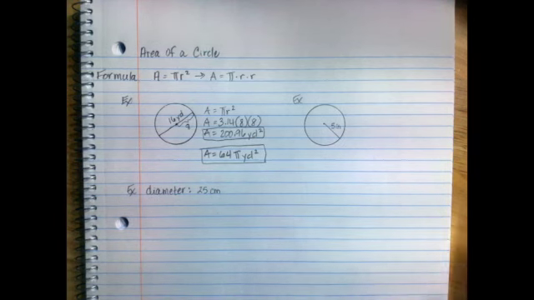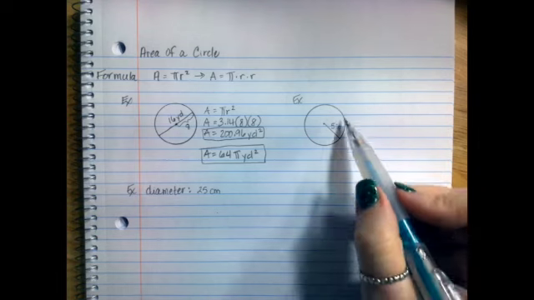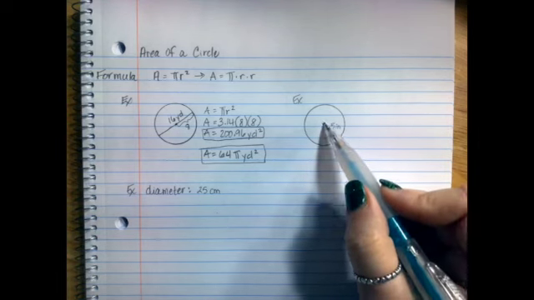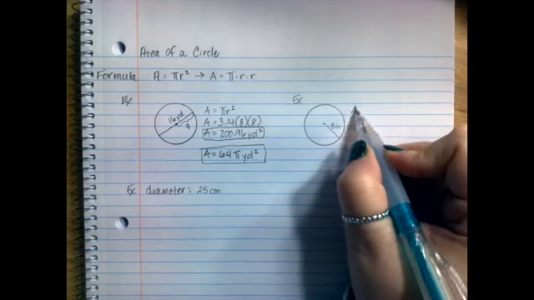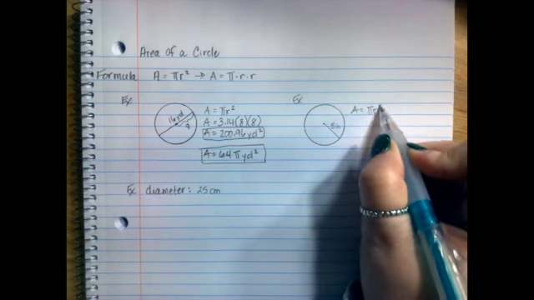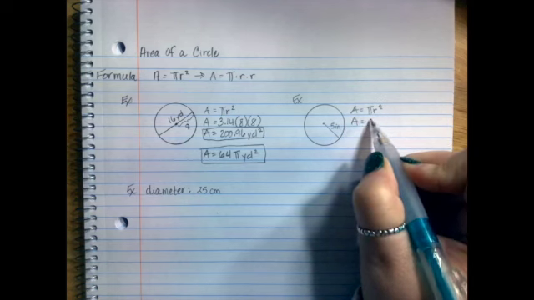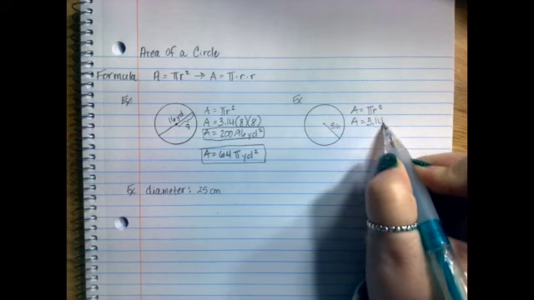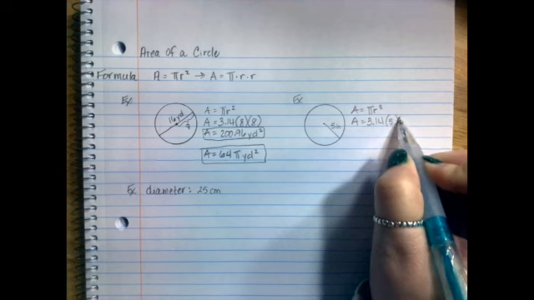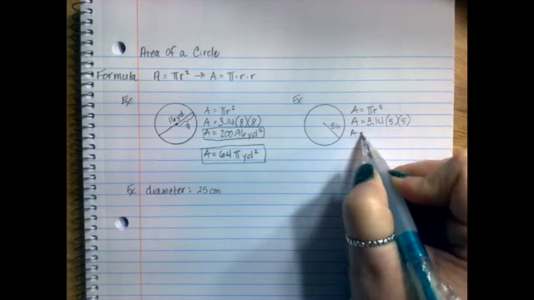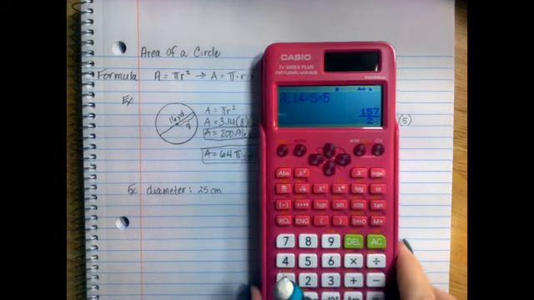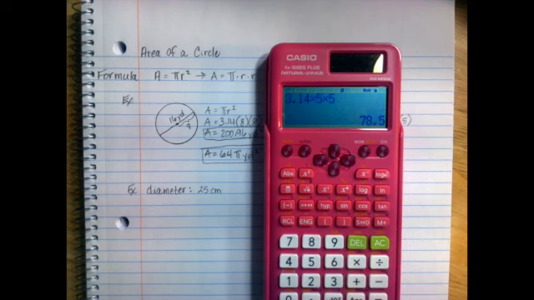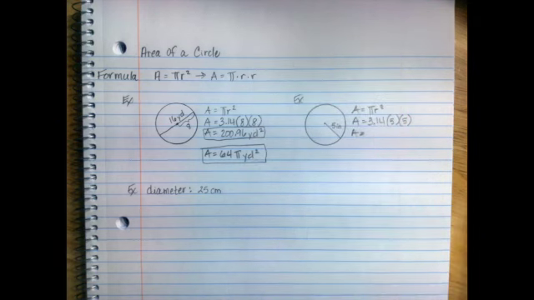All right, moving on to another example. We have a circle that's been given to us that has a radius of 5. So I don't have to find the radius, it's given to me. So again, start with your formula, pi r squared. So we're going to transform that to 3.14, do 5 times 5. So again, on our calculator, 3.14 times 5 times 5, gives us 78.5.